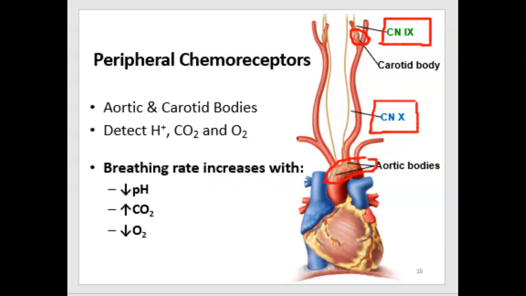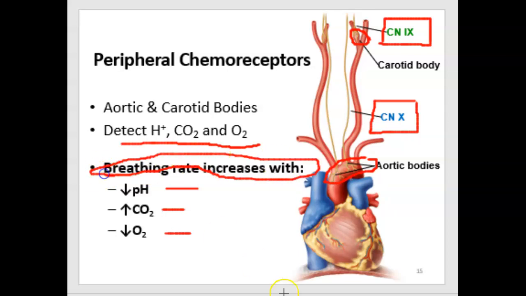And they're cells that detect levels of hydrogen ions, carbon dioxide, and oxygen. And they will be stimulated when the pH gets low, carbon dioxide gets high, or oxygen gets too low. And again, that's below 60 millimeters of mercury. And so a signal will be sent to the brain and the medulla oblongata respiratory center and cause an increase in breathing rate.